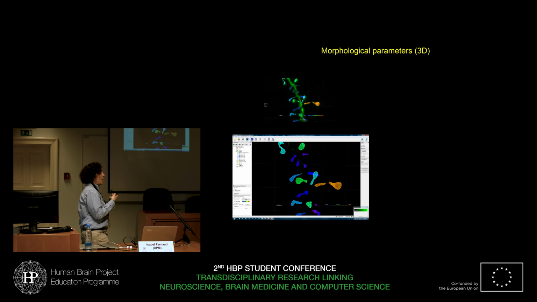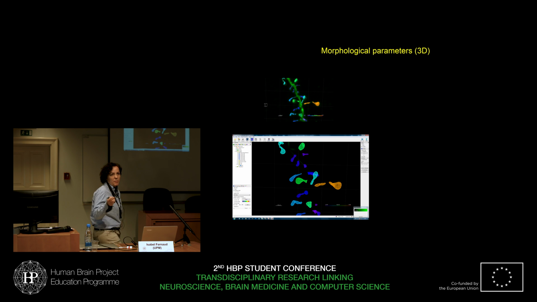The problem is, as we have these confocal images, you don't have the same intensity in all the spines, so you have to create different surfaces to obtain all the morphologies of the different spines. But the parameters that this tool gives are very, very useful, and they can be used by informatics.